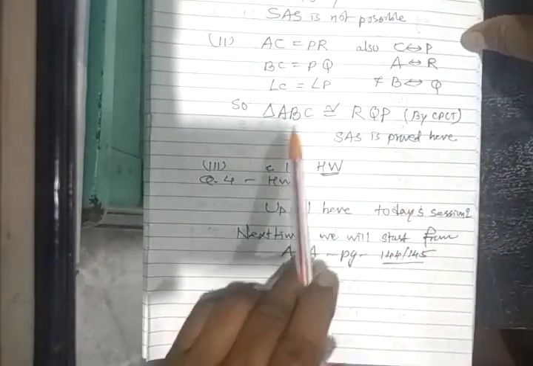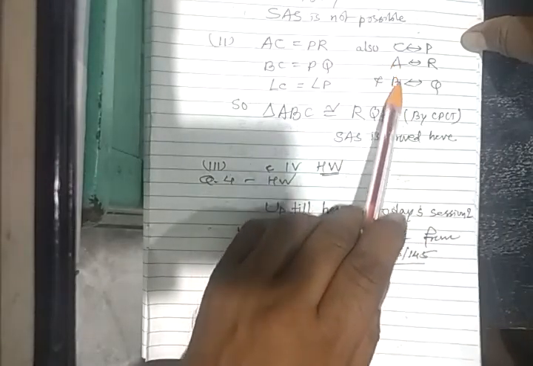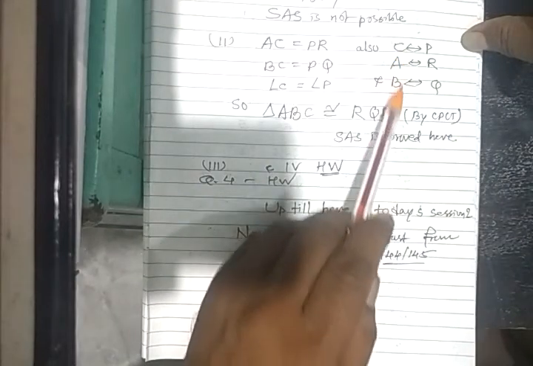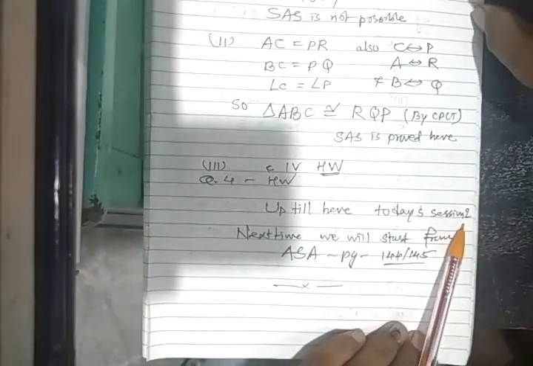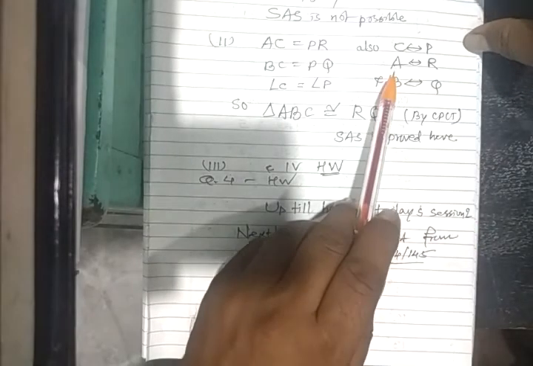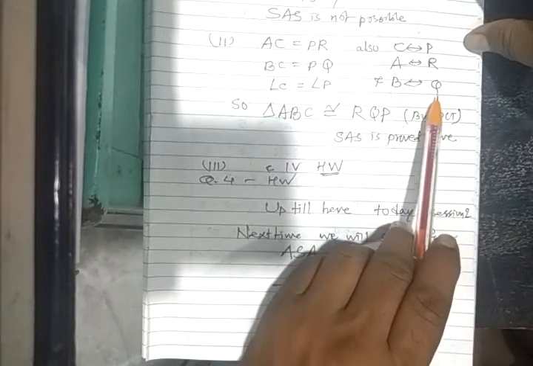Okay. Suppose मैंने ऐसा लिखा triangle CAB, then PRQ is the given correspondence congruence. If I am preparing it this way, BCA, then by simplicity BCA corresponds to QPR.